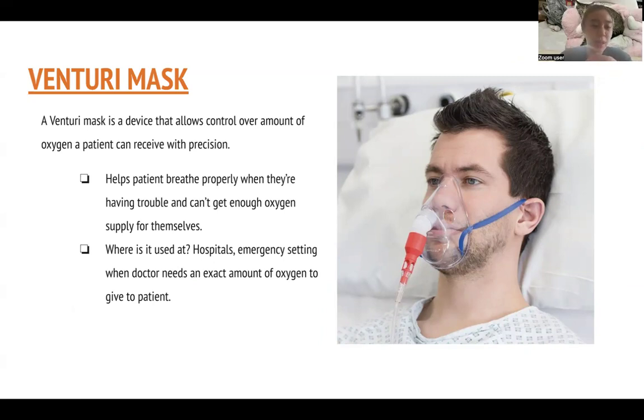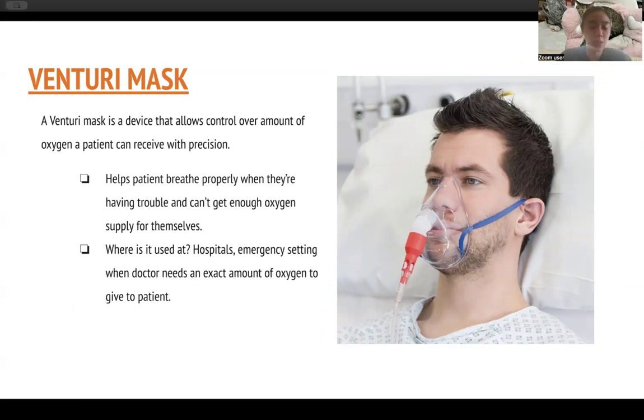The Venturi mask is a device that allows control over the amount of oxygen a patient needs to receive with precision. This type of mask exists to help patients breathe properly because each human is different, and each individual is very different in their type of symptoms and diseases.